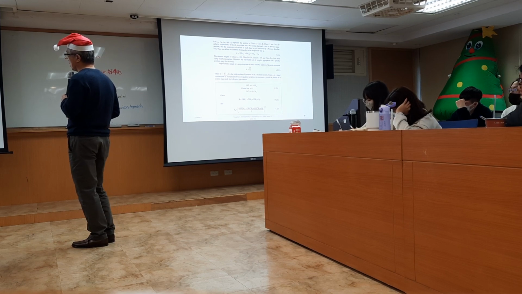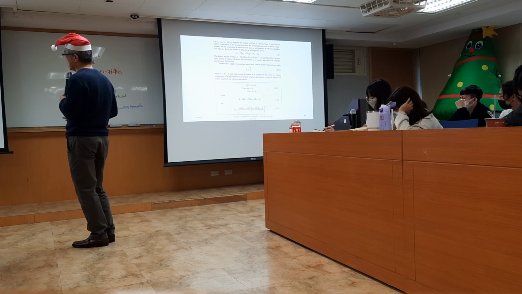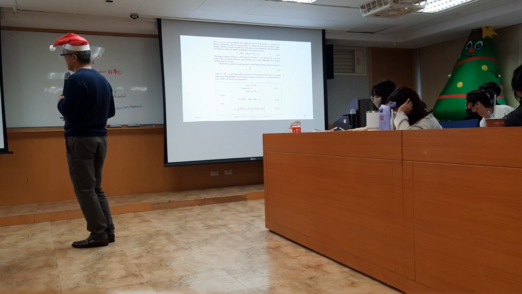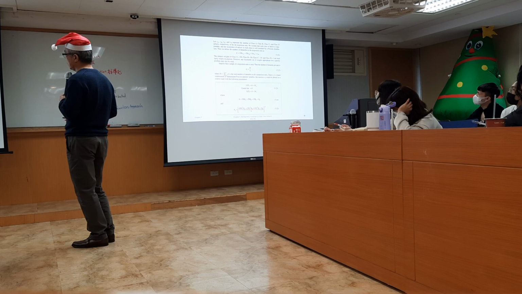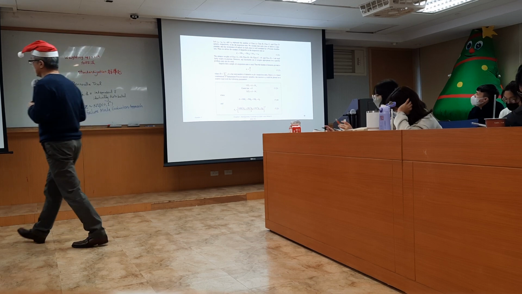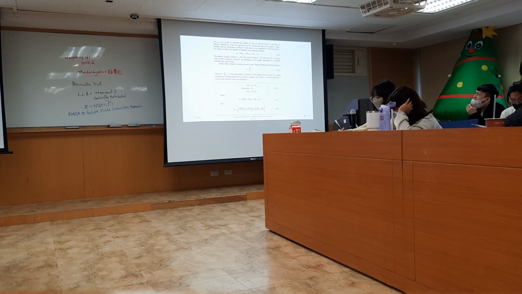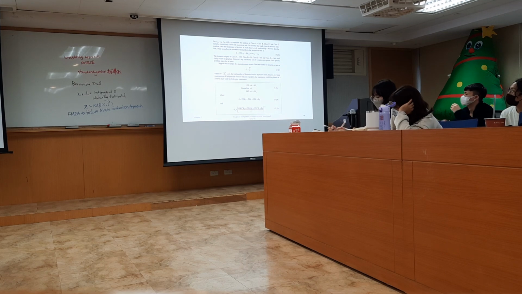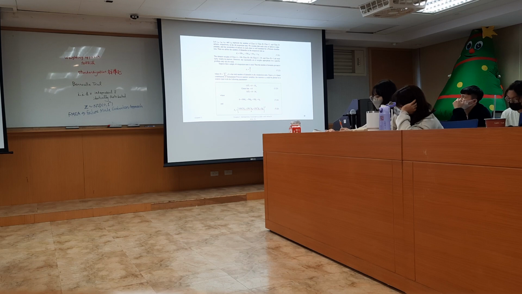Since mu i is a linear combination of independent Poisson random variables, capital D is equal to the summation of the Di.